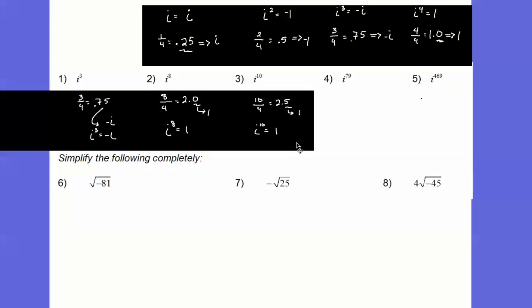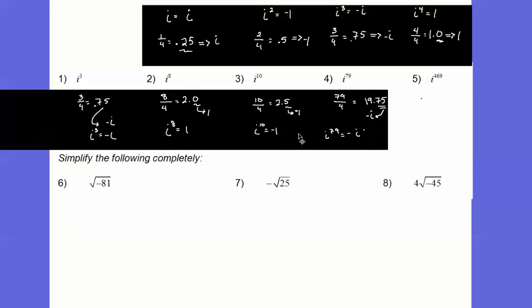And on with this. The 0.5 indicates negative 1. So I am looking at negative 1. So I have i to the 10th equals negative 1. 79 divided by 4, 19.75. That decimal indicates negative i.